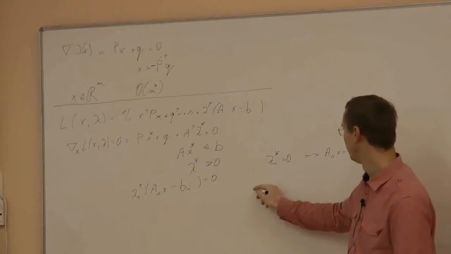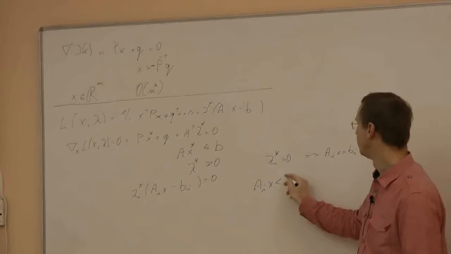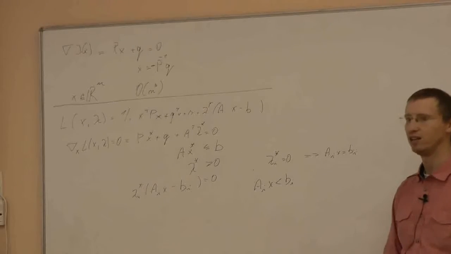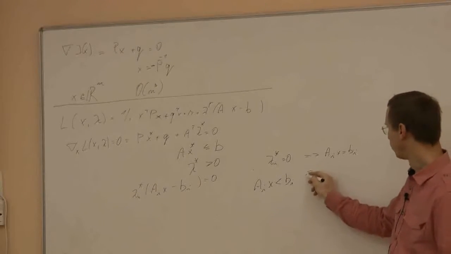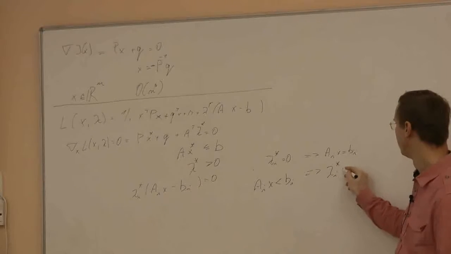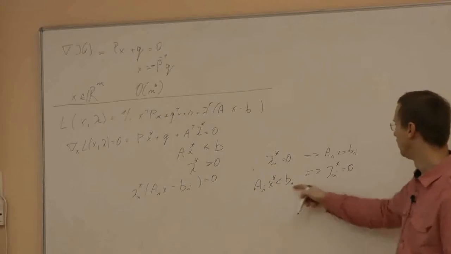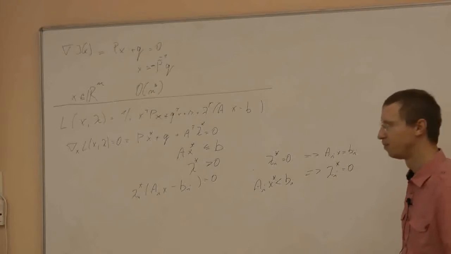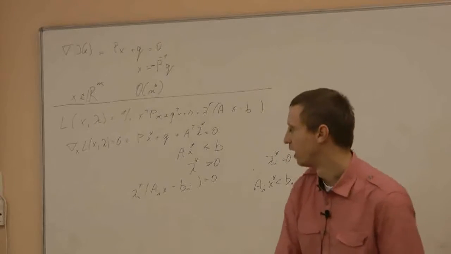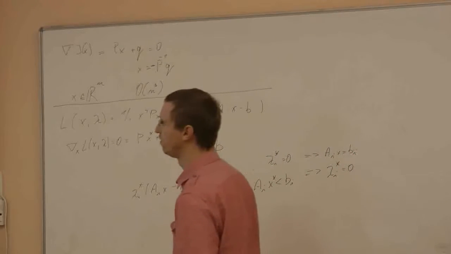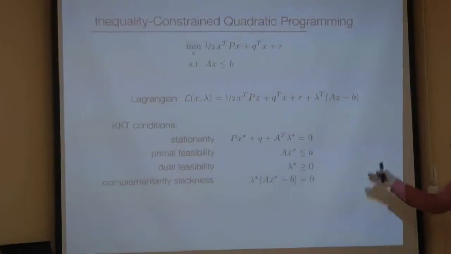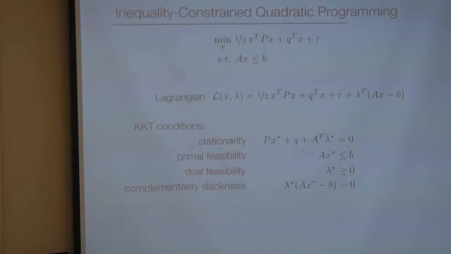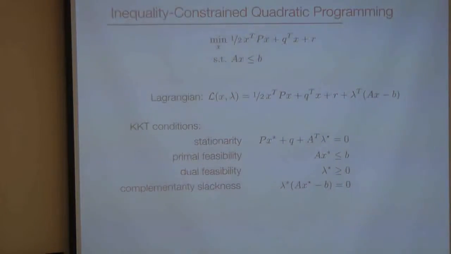However, we can deduce that if the i-th constraint is not active, meaning it is satisfied with strict inequality, then the corresponding lambda must be 0. So only this implication holds. The other direction does not hold. So we have stationarity, primal feasibility, dual feasibility, and complementary slackness. Now, how do we employ these conditions to solve the quadratic programming problem? What would we need to do?